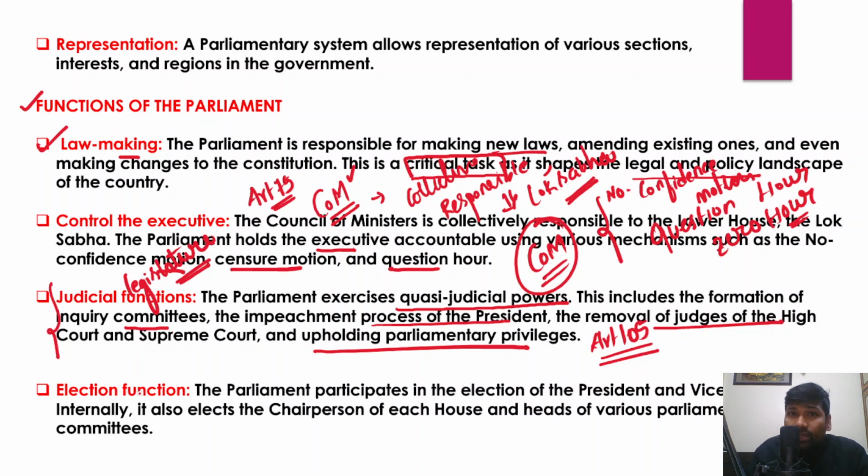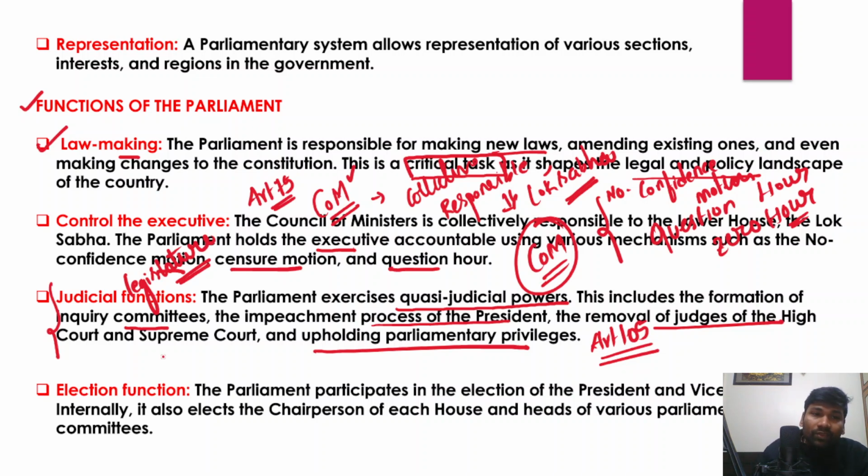Because don't you think that Parliament plays a very important role when it comes to the impeachment of the President, removal of the judges of the High Court and Supreme Court, and also upholding the parliamentary privileges as well?